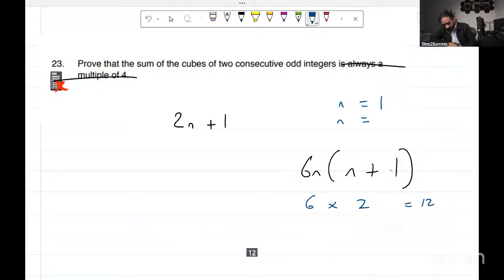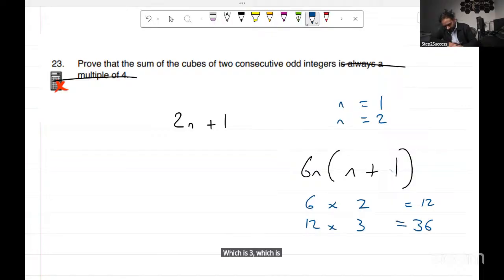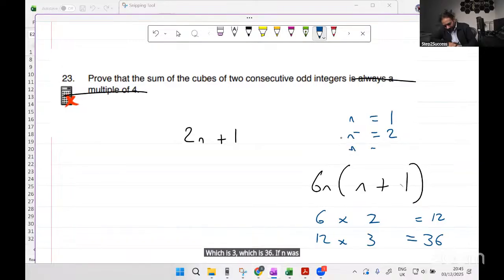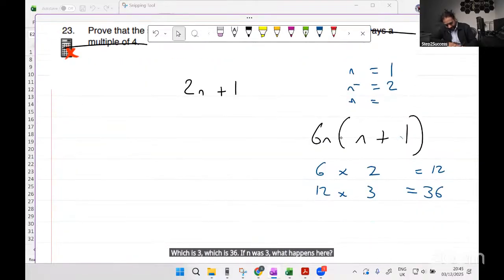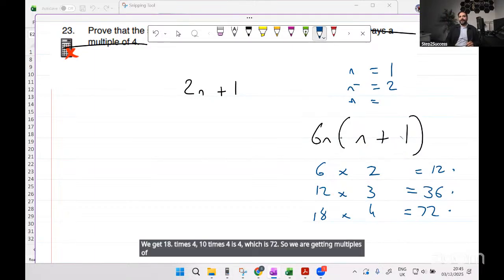If n was 2, we've got 6 times 2 is 12, times 2 plus 1, which is 3, which is 36. If n was 3, we get 18 times 4, which is 72. So we are getting multiples of 12 in that case.